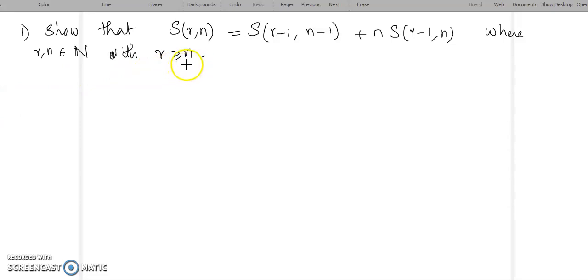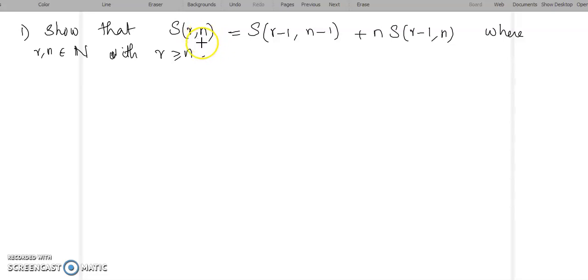So we need to show that S(r, n) is equal to S(r-1, n-1) plus n S(r-1, n). S(r, n) is the number of ways of distributing r distinct objects to n identical boxes.